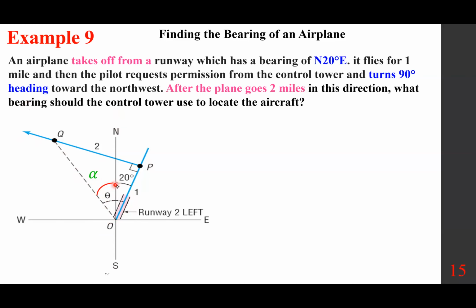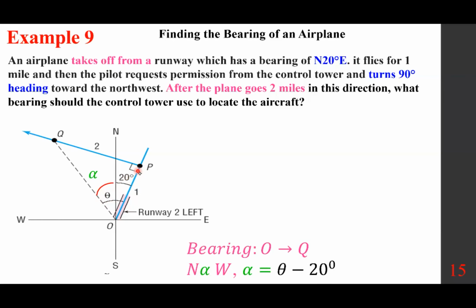What is alpha? This whole thing is called theta. Then alpha is theta minus 20. So the bearing from O to Q is north alpha, west. How do you find alpha? This total angle, we call it theta, minus 20 degrees.